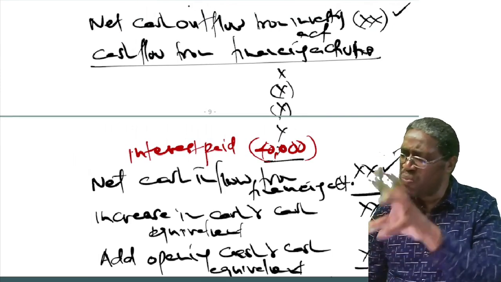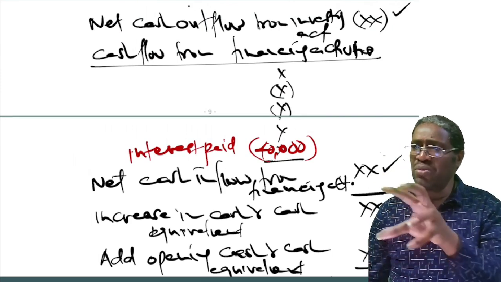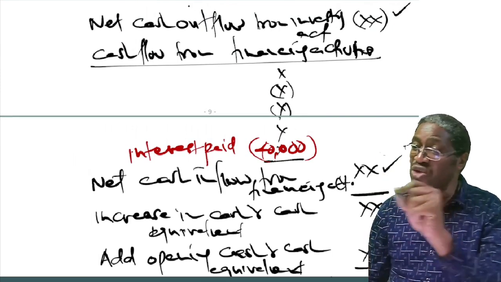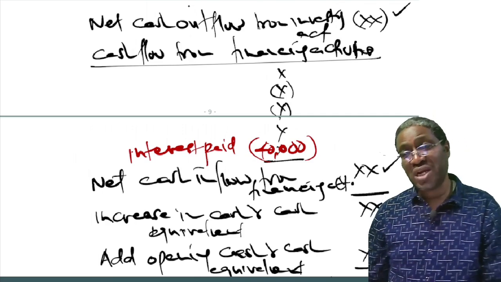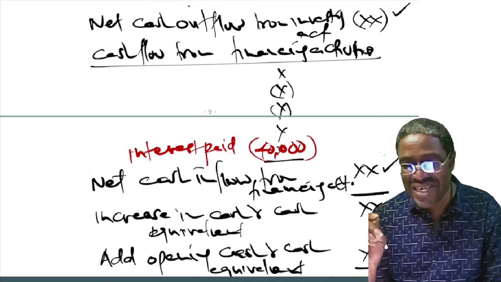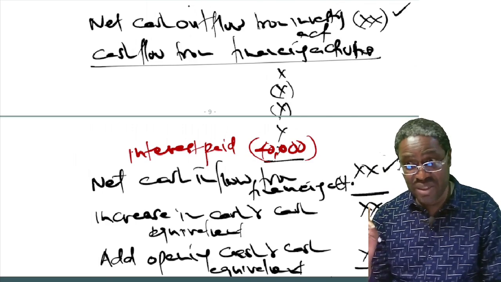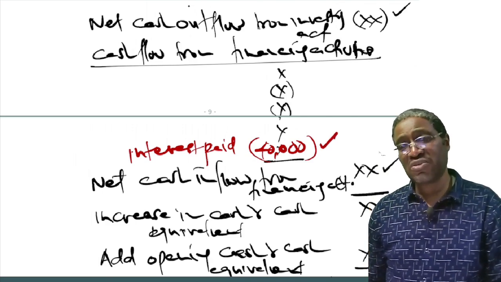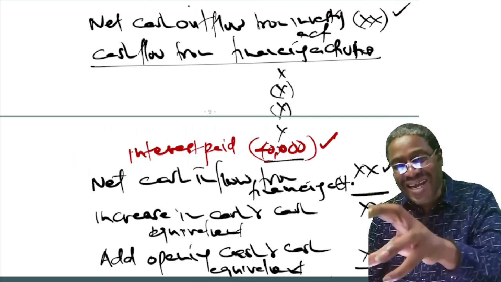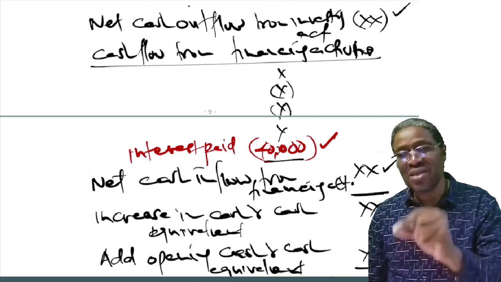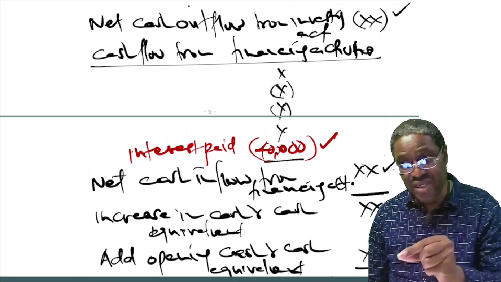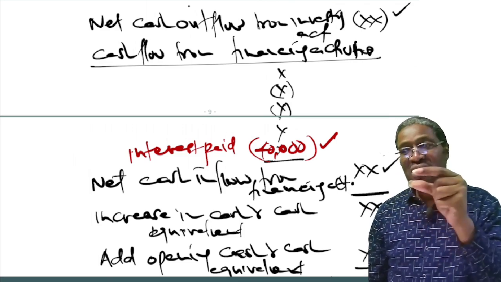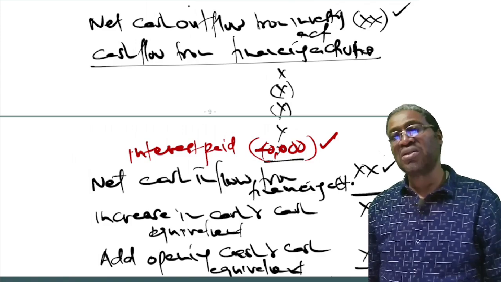And anything you pay to the financiers, we normally classify as a financing activity item. That 40, you remember to use it where? In the cash flow statement among the financing activity items.